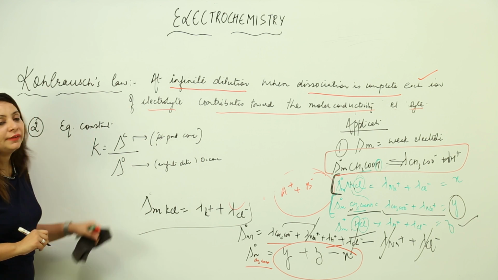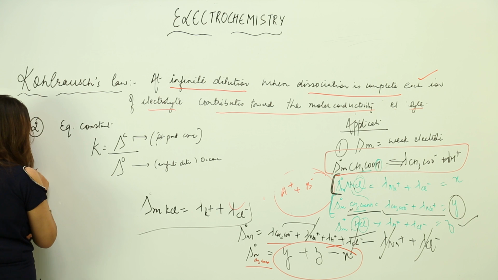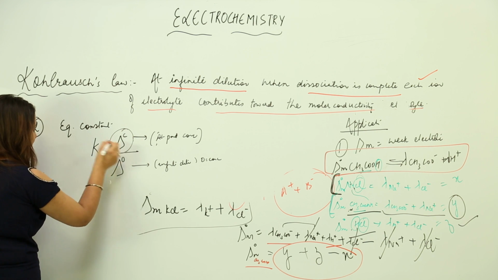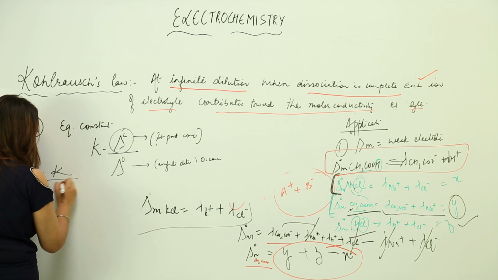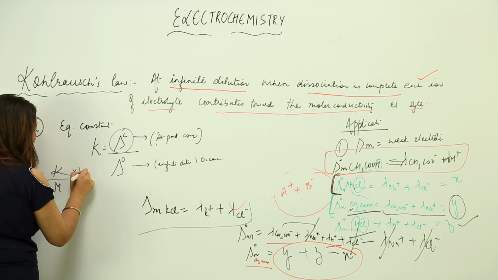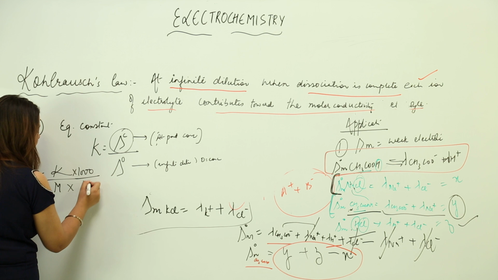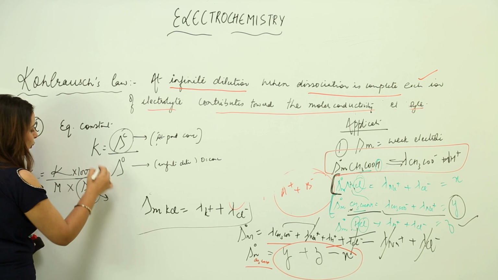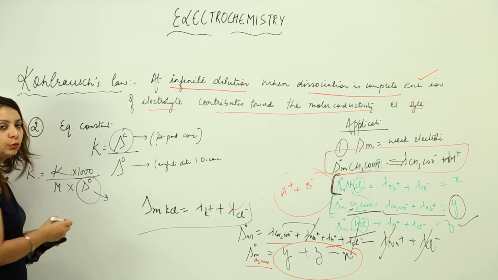So if we just put the values, what we get is equilibrium constant equal to, we are going to put this value, and what is this value? It is kappa upon m, and by converting the units for the volume, and we have this lambda naught, and we can find this lambda naught by the Kohlrausch law, and the rest you know how to find.